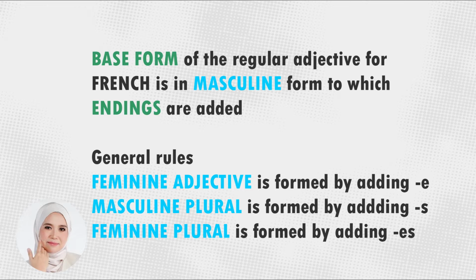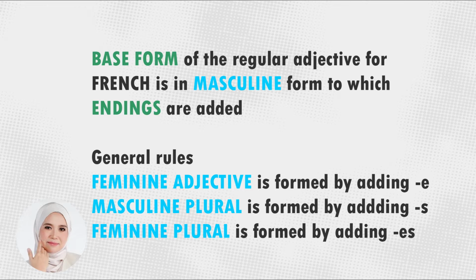When you add the endings to the masculine form, first it becomes a feminine singular adjective when you add E. When you add the letter S to the masculine singular form, it becomes masculine plural. And when you add the letters ES, it becomes feminine plural.